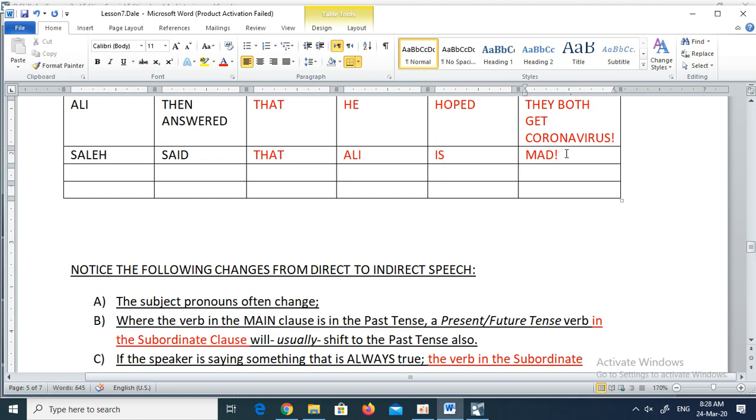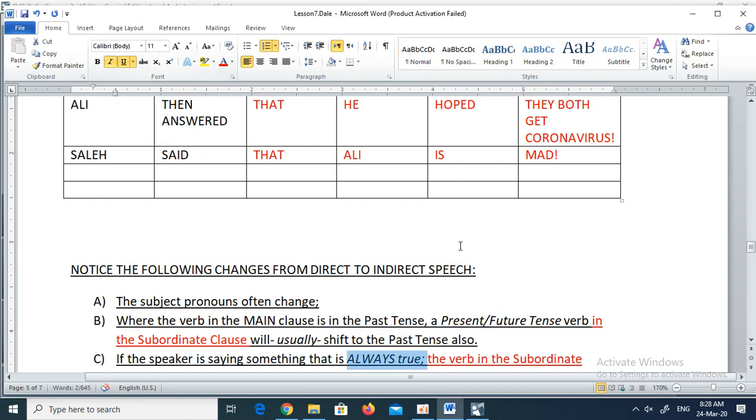Ali was mad yesterday, Ali is mad today, and Ali will be mad tomorrow. So if it is something that is always true, then we can leave that verb in the present tense, even if the verb in the main clause is in the past tense.